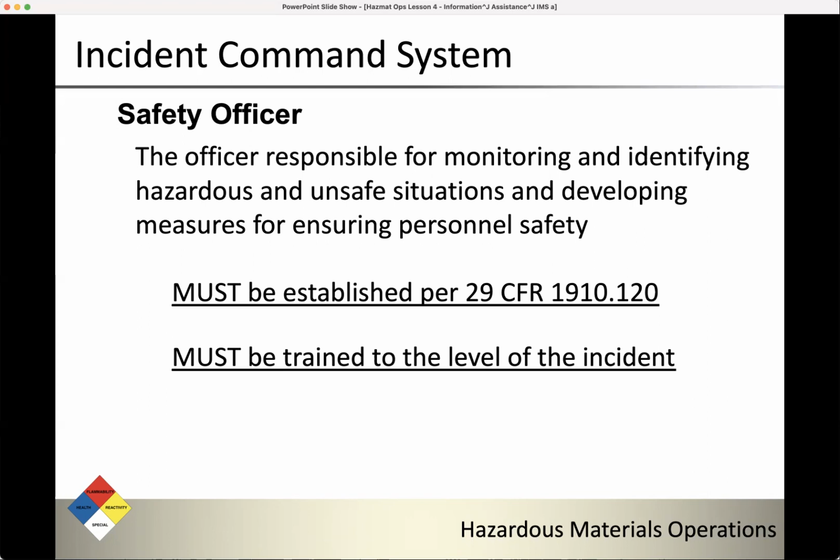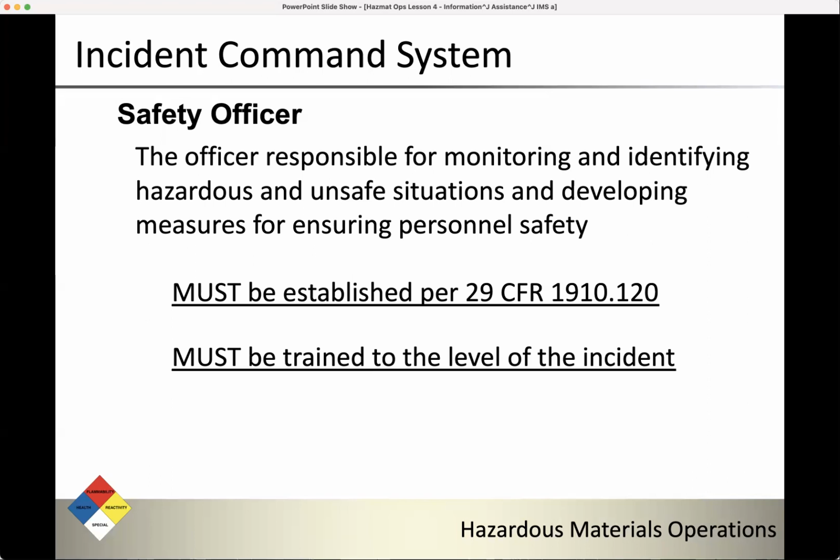Here's where it differs a little bit from the incident commander. The safety officer must be trained to the level of the incident. What does that mean? Remember, the incident commander has to be trained to at least the operations level. The safety officer has to be trained to the level of the incident. Remember, we talked about the levels of the incident, being defensive or offensive. We haven't talked about non-intervention yet.